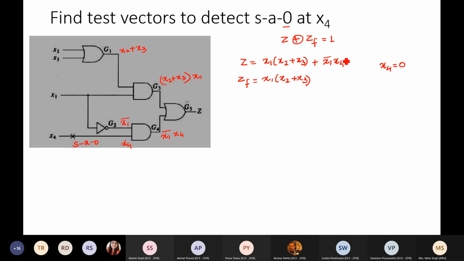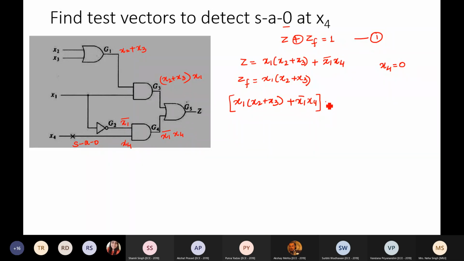So this entire term goes to 0. So now I have Z and ZF. Using the equation 1, I can simply write this as x1 into x2 plus x3 plus x1 bar x4.